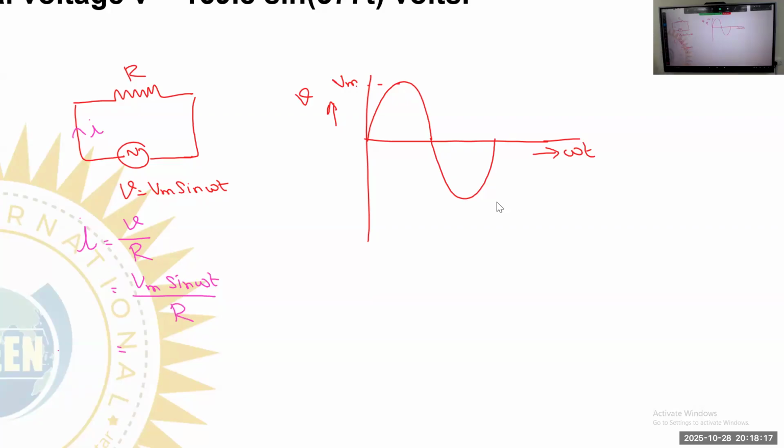What is Vm? Vm is a constant. It may be 10 volts, it may be 15, whatever number. R is a constant, in respect of any frequency it is always constant. But omega t is changing in nature. That's why I rewrite the formula as Vm by R into sin omega t.